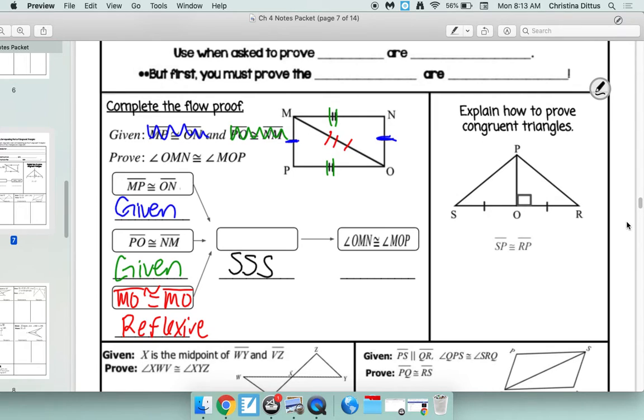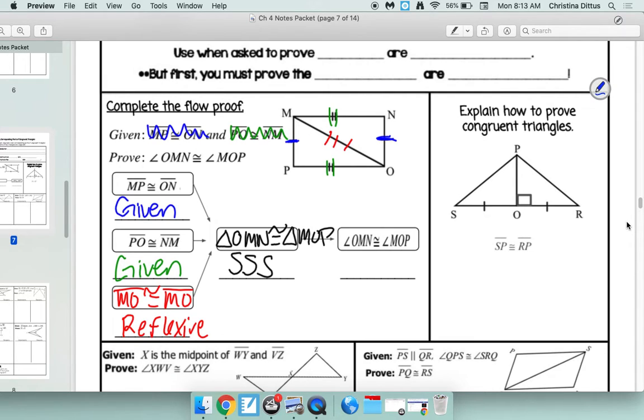Side, side, side proves what? The triangles are congruent. So I have triangle OMN is congruent to triangle MOP. So the triangles are congruent.